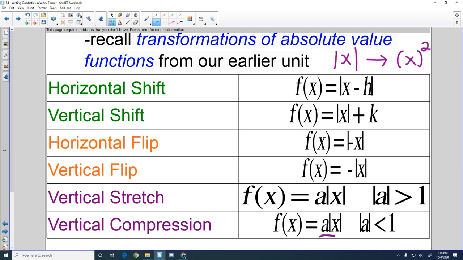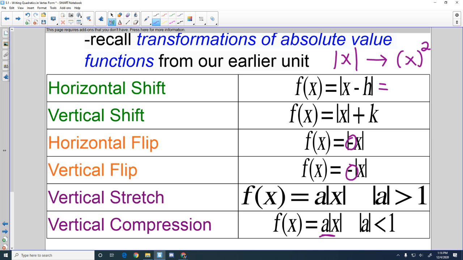Your flips are based off of the negative signs. If it's outside versus inside: outside it's vertical, inside with the x it's horizontal, in the x direction. Horizontal shift, vertical shift, same thing. If it's grouped with the x, it's horizontal. If it's outside of the grouping, it's vertical.